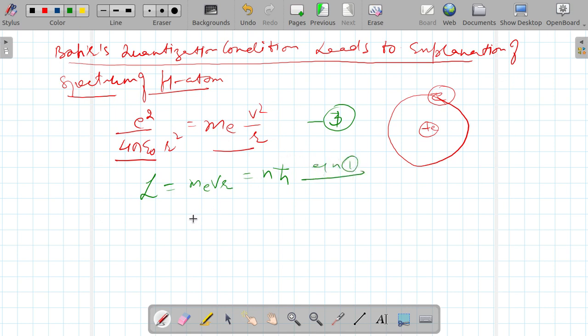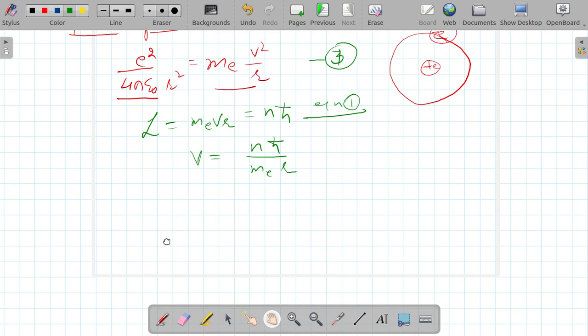So from here, velocity comes out to be n h cross over me r. Therefore v square is equal to n h cross over me r whole square, and I am interested to calculate me v square by r.